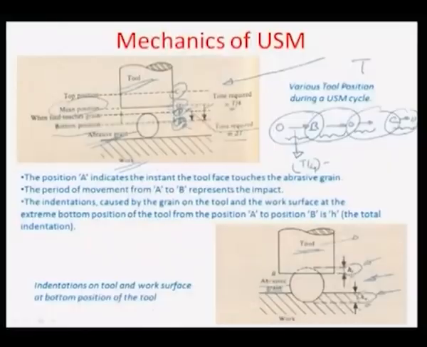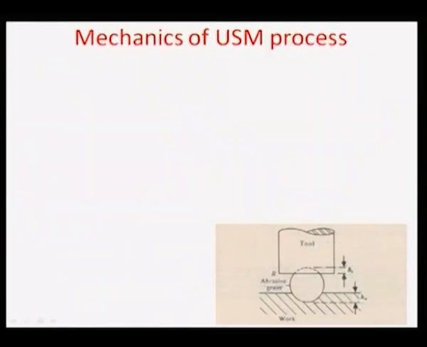So, coming back to this theory again, with these assumptions we move forward, and therefore, one thing is very clear, that because there is a depth of indentation both on the tool side and the workpiece side, in this case for sake of convenience we are representing it by HT and HW.